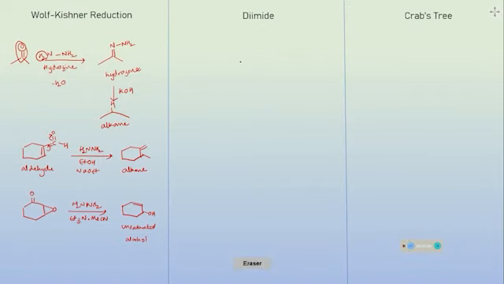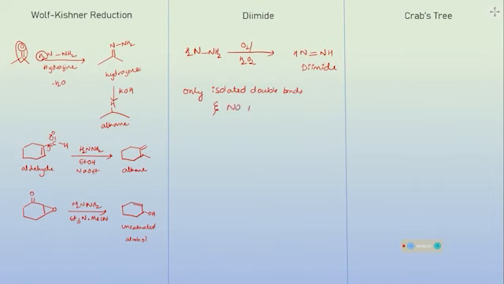Now let's discuss diimide. Hydrazine on reaction with oxygen in the presence of hydrogen peroxide forms diimide. This is a diimide. Diimide reduces only isolated double bonds and no functional groups are affected.